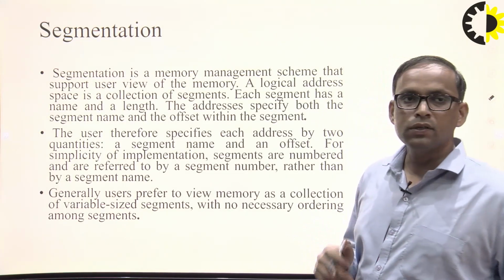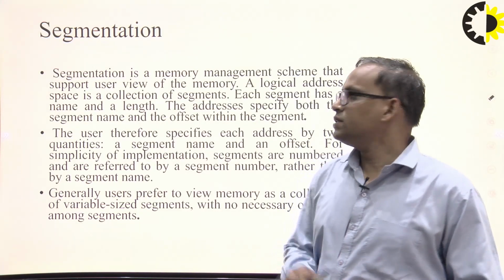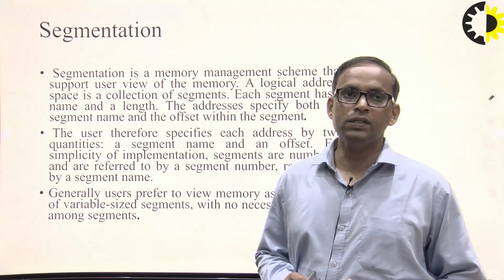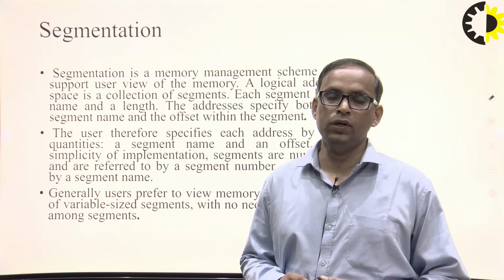So, segmentation. Before segmentation, let us discuss memory management. Segmentation is a memory management method. In context to the operating system, memory management is an important function of an operating system.